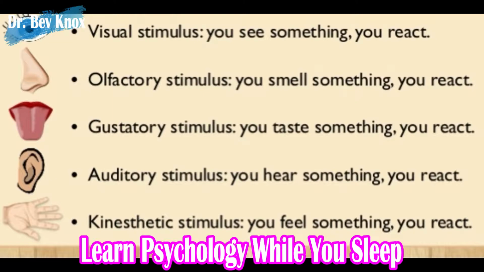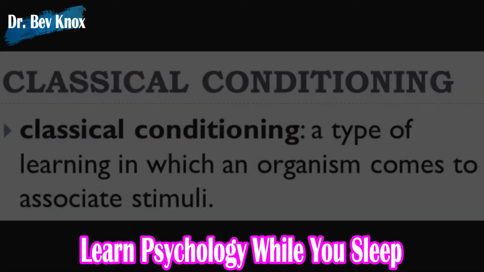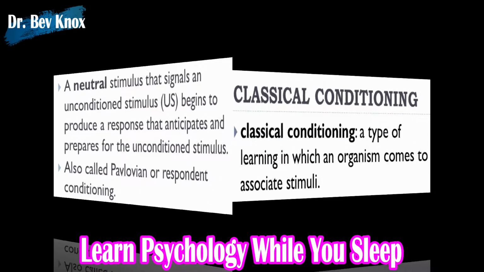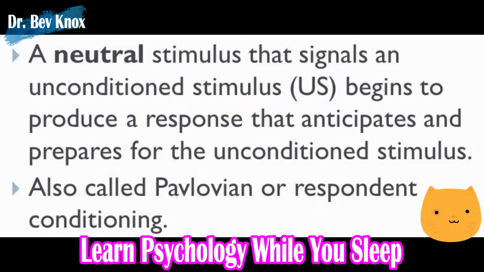One major form of learning is classical conditioning, which occurs when a neutral stimulus, one that normally brings about no relevant response, is repeatedly paired with a stimulus called an unconditioned stimulus that brings about a natural, untrained response.